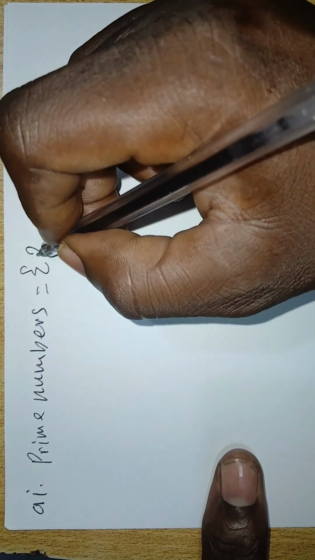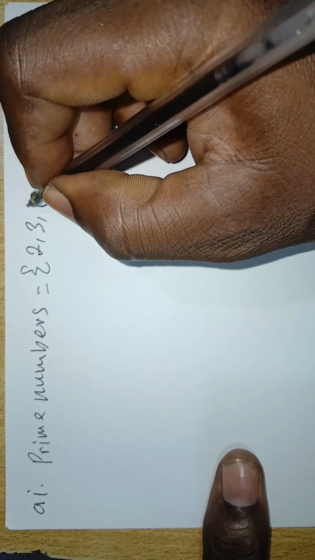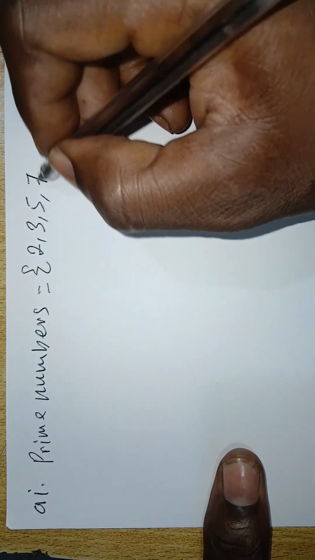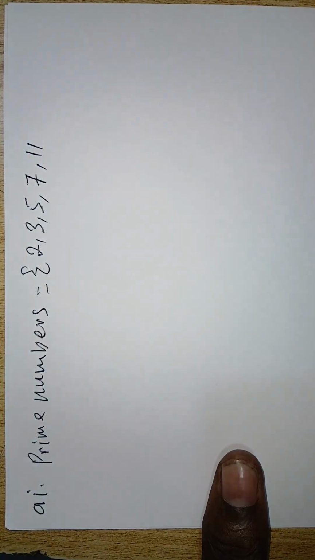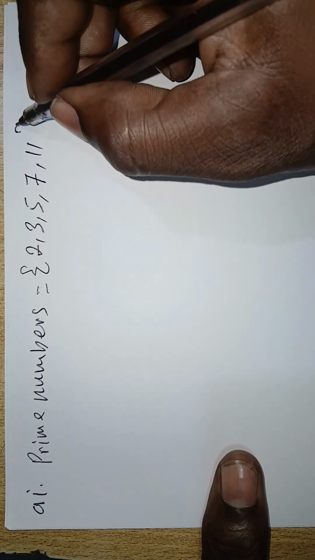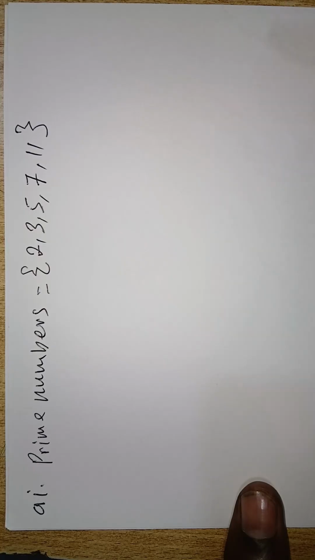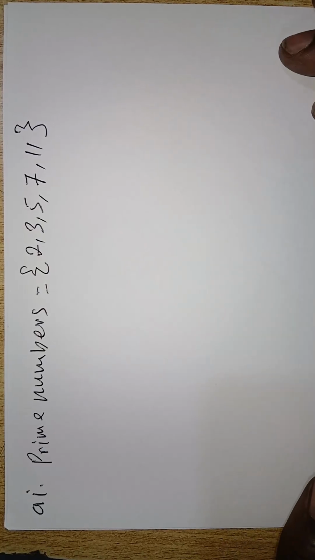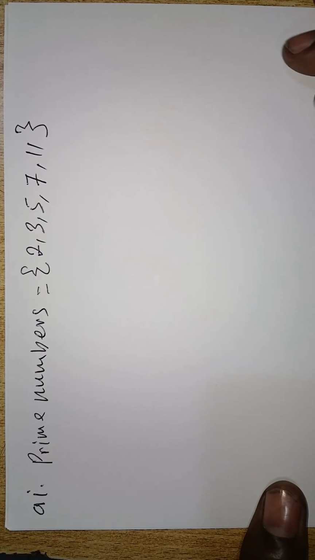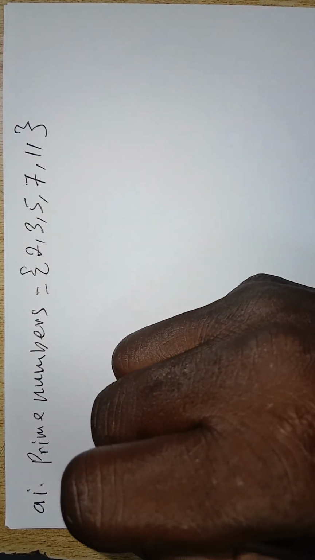Prime numbers are 2, 3, 5, 7, and 11. You don't go outside 11. You are done with question 1AI.